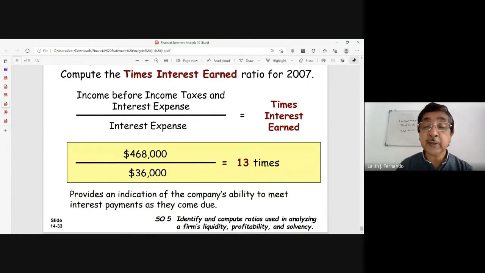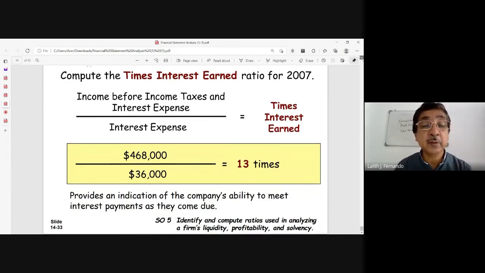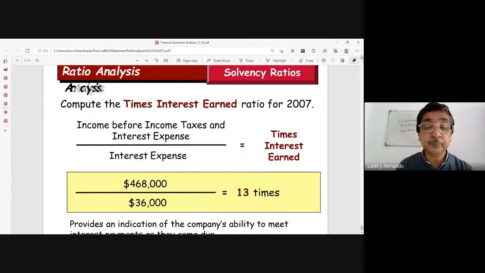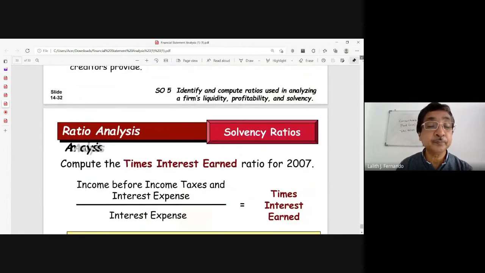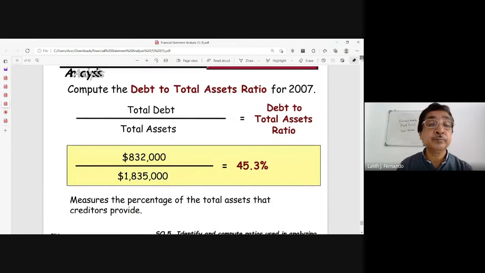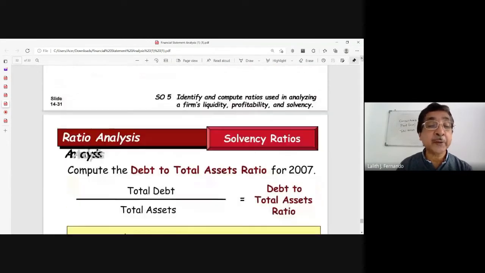I think this is a normal indicator we look into when we grant advances. Interest cover ratio, but it is also known as times interest earned ratio. And debt to total asset. Those are solvency ratios.